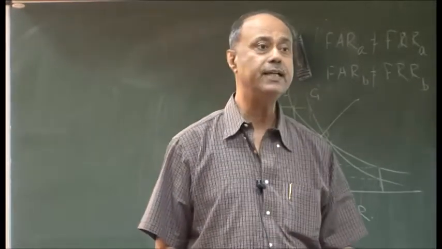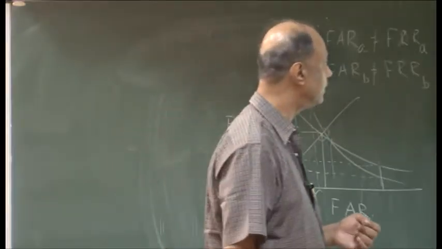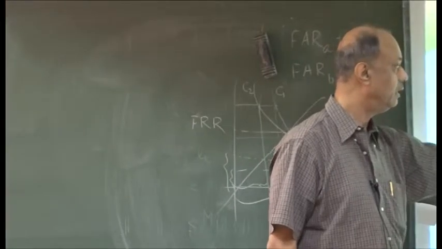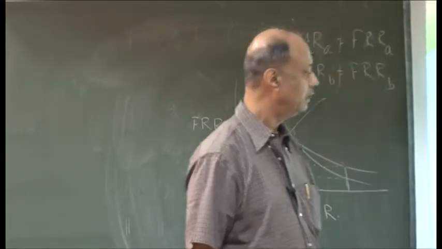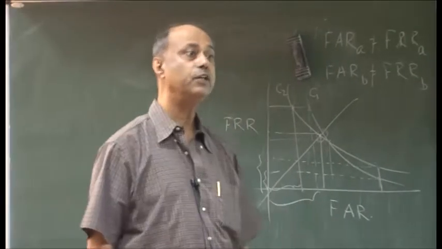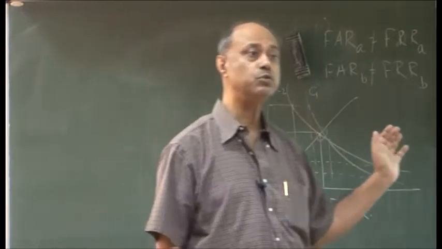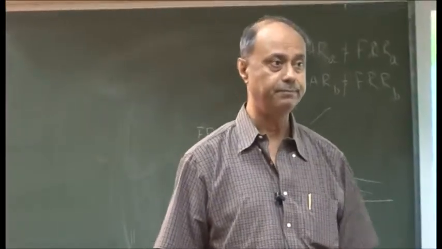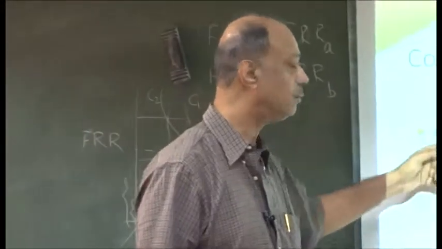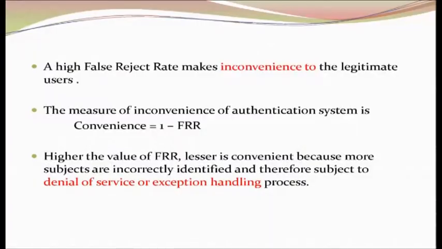And if you increase the lenient setting, meaning the user friendly one, then your monitoring system should be accurate, so that the many false people you have allowed into the system do not create any problem, right? So both of them are important parameters you have to understand carefully.